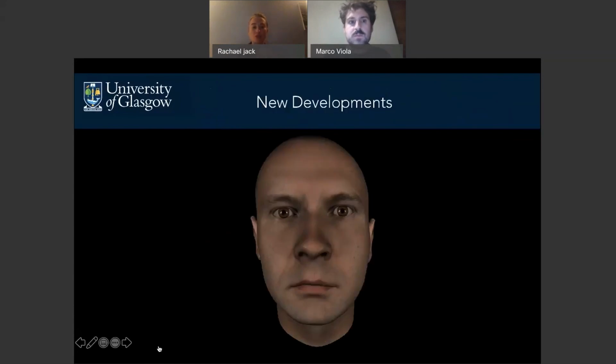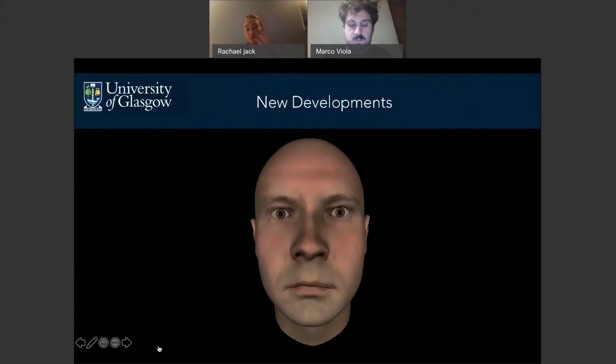Okay, I would just like to run through a couple of developments, additions to the platform. We already have face movements, face shape and complexion. Eye gaze is, of course, really important, and so we have added this component to the generative model. We also have transient changes in the face, like blushing and pallor, which can represent different things to do with health, but also different emotional states like embarrassment or anger.